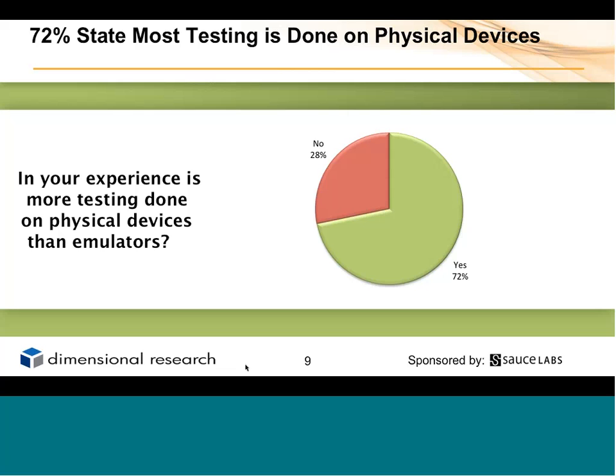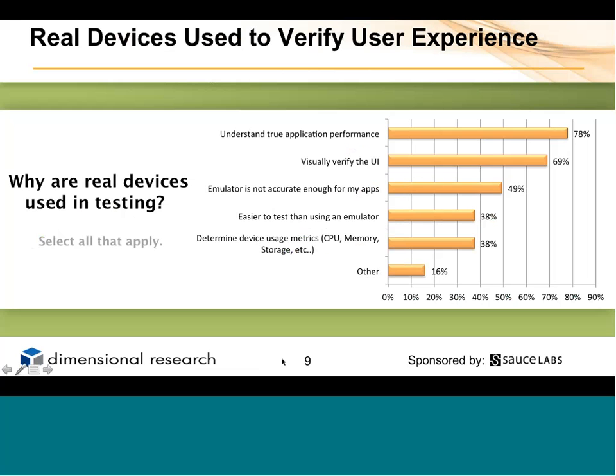We did ask them in the following slide, why is this testing being done on physical devices? What are you trying to really get at? The number one reason that came out, and the number two reason, significantly and statistically set themselves apart from the others. And what we really found out is that they are really trying to understand how this application will perform on the end device.